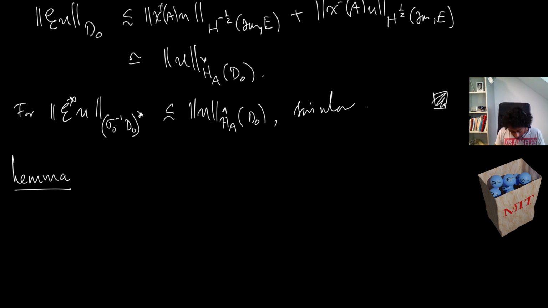Now we want to go the other way. So we start with a compactly supported smooth section on the infinite cylinder.